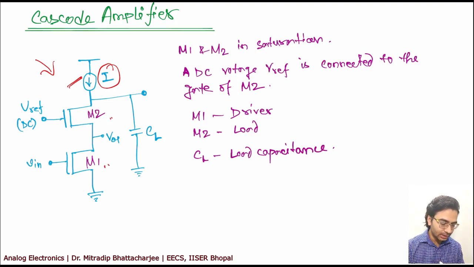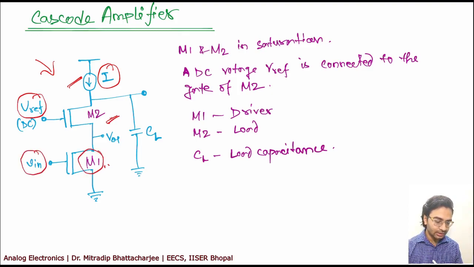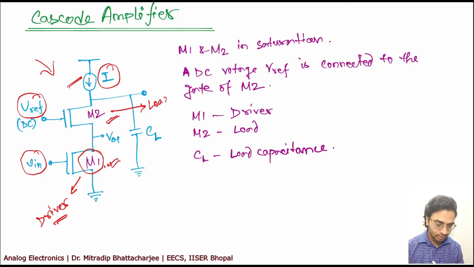So we put a DC bias on M2, and the input signal is applied to the MOSFET M1. As this particular MOSFET is associated with the gain, we call this the driver. And this MOSFET we call the load, kind of.